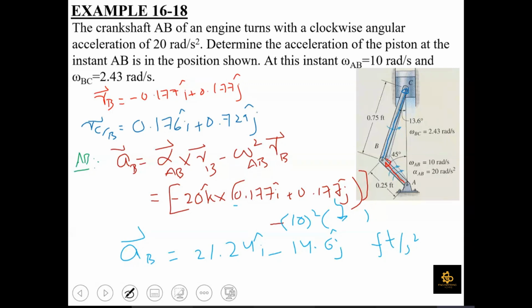We take link BC. What should be our base point for this link? B, since the motion of point B is now known to us.